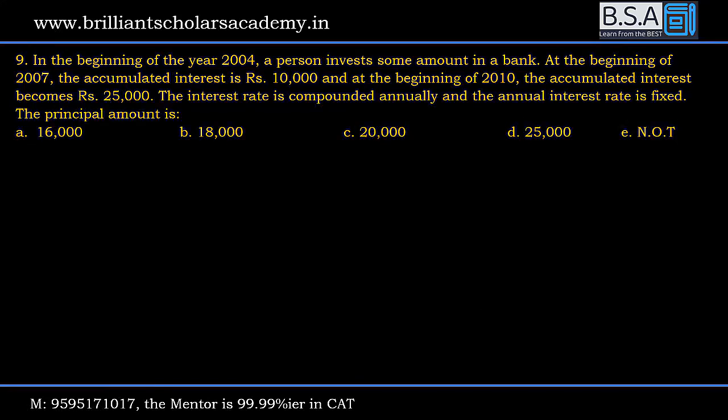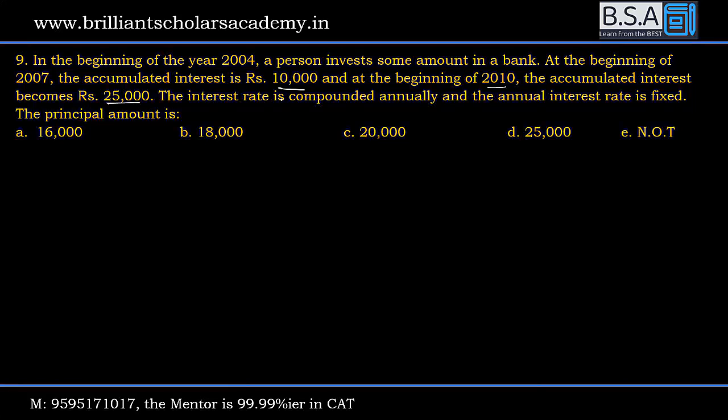Give it a try. In the beginning of 2004, a person invests some amount in a bank. At the beginning of 2007, the accumulated interest is rupees 10,000. At the beginning of 2010, the accumulated interest becomes 25,000.